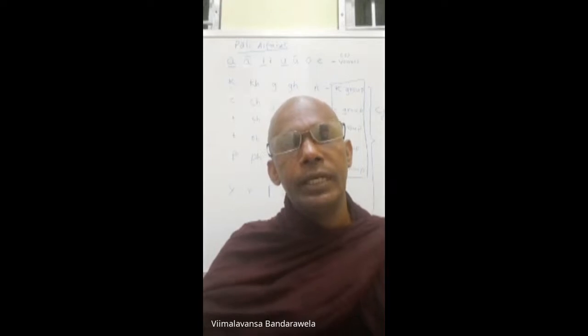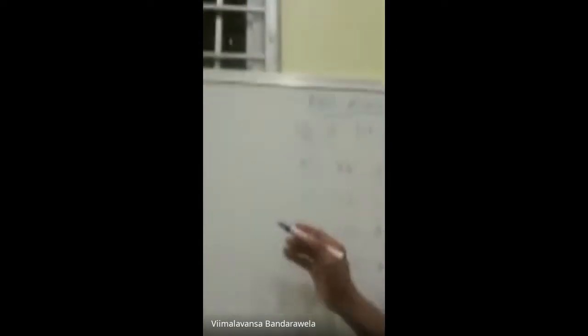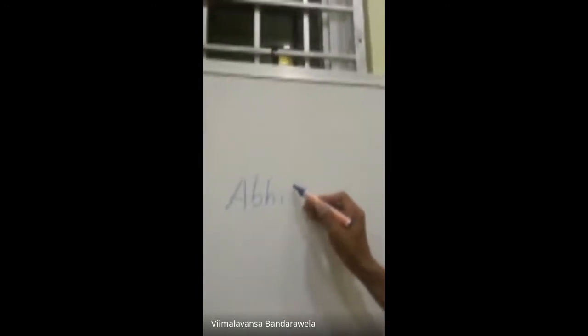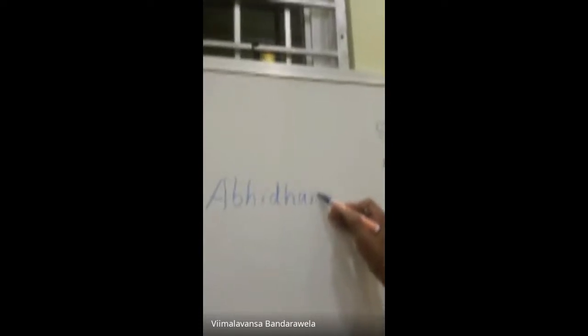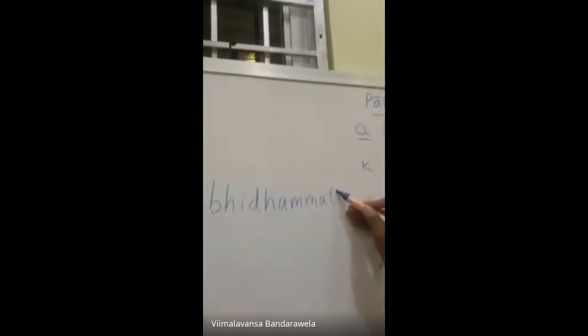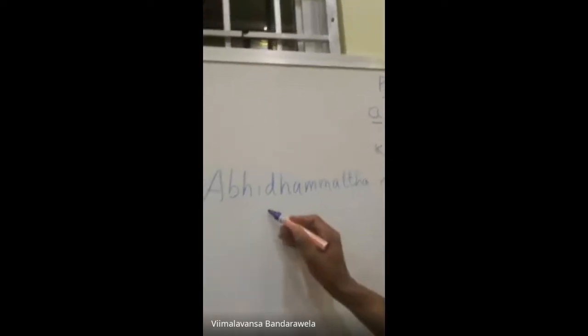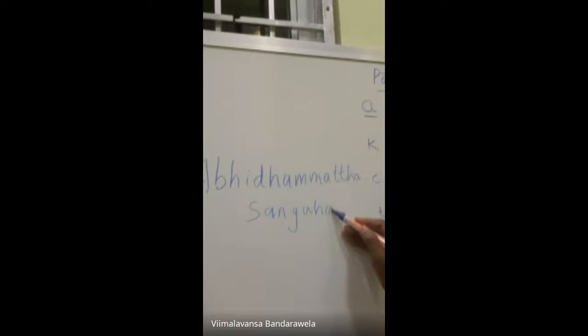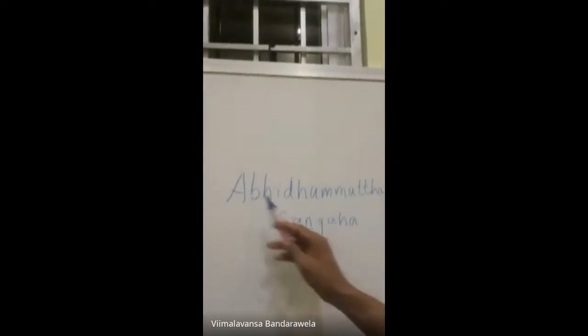He came from the Maharashtra Strait to Sri Lanka, and according to the advice of our Sri Lankan Arahants, he wrote the book called Abhidhammattha Sangaha, right? Abhidhammattha Sangaha.